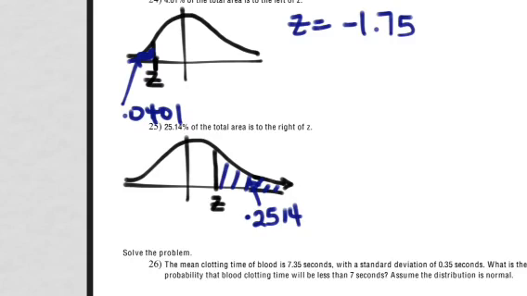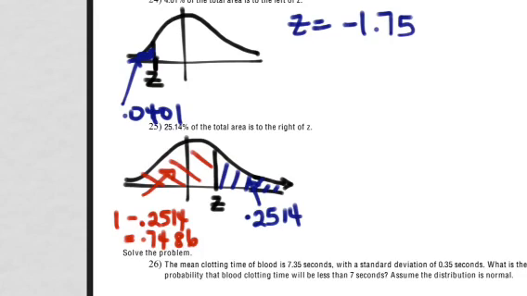If 0.2514 is above the value for z, since probabilities have to add to 1, that means that this region in here would have to have area, or probability, 1 minus 0.2514, which is 0.7486.